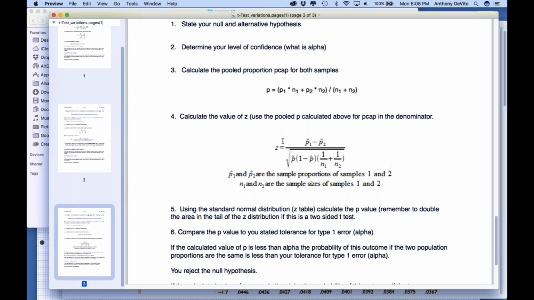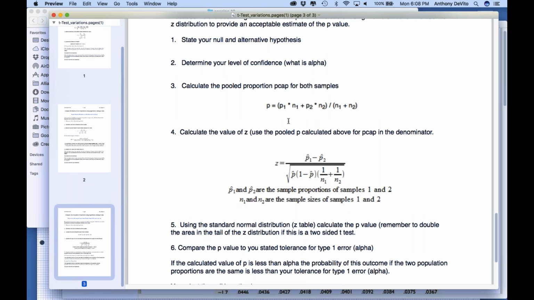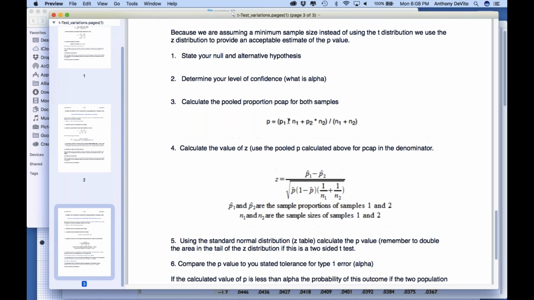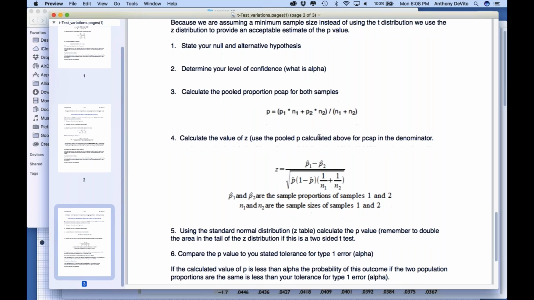So how are we going to pool these? Well, they may be different sample sizes. In this case, we got lucky to have the same sample size, but very frequently they're different sample sizes. So my pooled proportion is going to be equal to proportion 1 times sample size 1 plus proportion 2 times sample size 2, divided by sample size 1 plus sample size 2. You may notice that if you factor this out, then these wind up canceling out anyway.